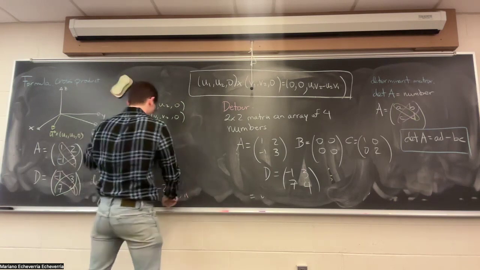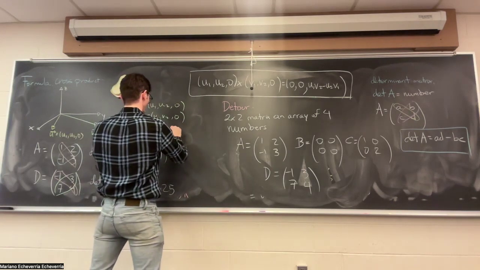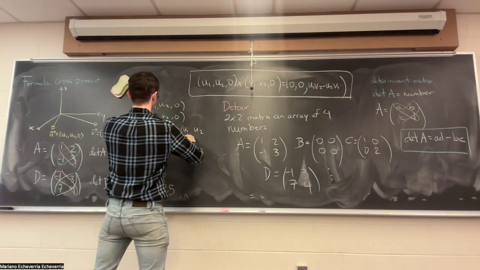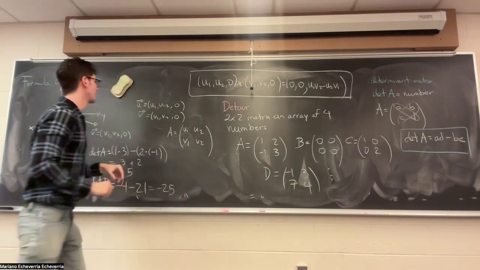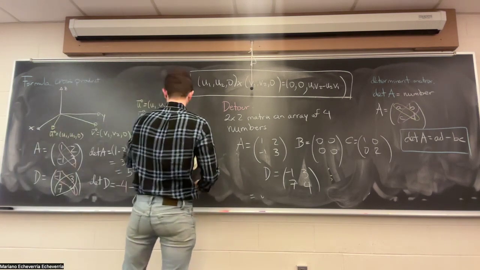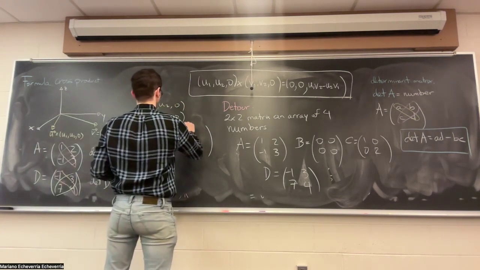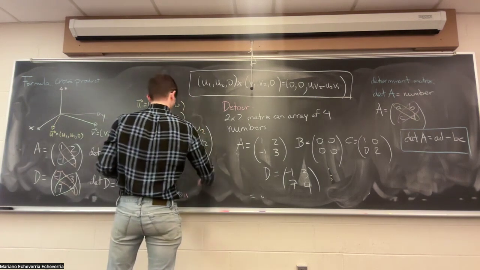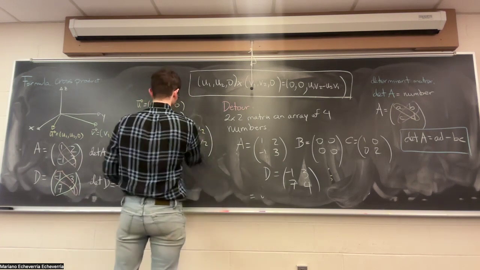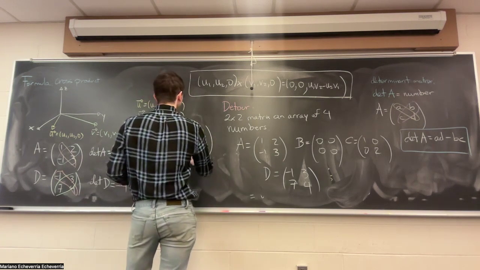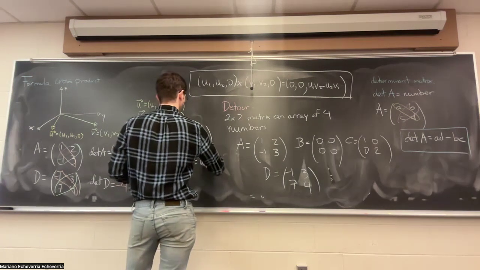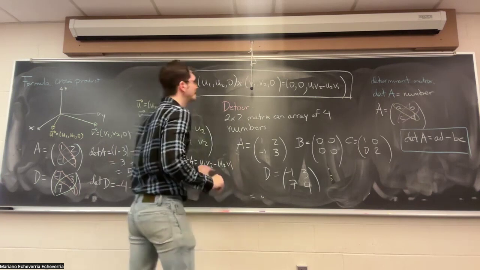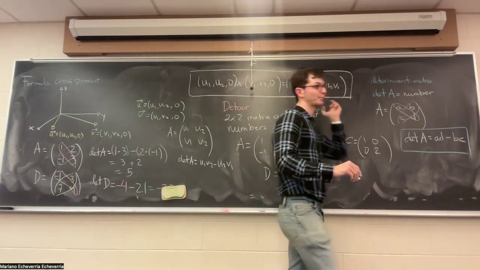So you could call it A, which is U1, U2, V1, V2. In fact, let me use the same colors. And so the determinant of A would be U1, V2 minus U2, V1. And that's precisely what appeared in the cross product.